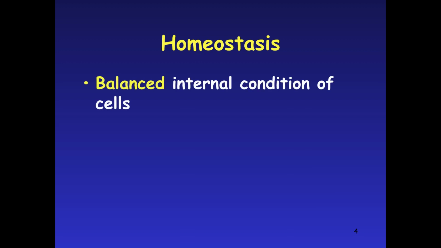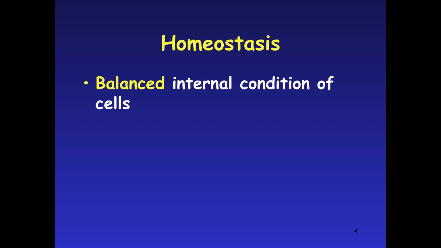We looked at this before as an important characteristic of life. All living things maintain homeostasis, which means they maintain a constant internal environment. Inside your body, for example, your body temperature is the same, blood pH tries to be the same, and water content tries to stay the same at all times.